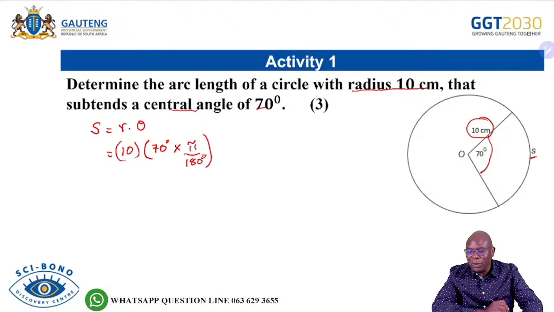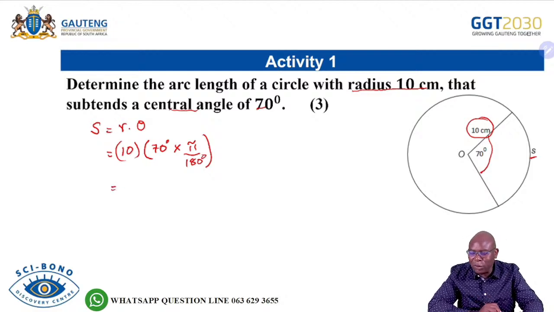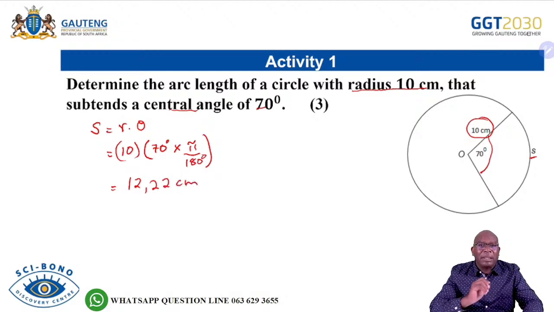So if I take my calculator and say 10 multiplied by 70 multiplied by pi over 180 degrees, then I get 12,22 centimeters. I must write my units correctly. That's my final answer. The length of this side is 12,22, which makes sense because the radius is 10. That length can be 12,22.